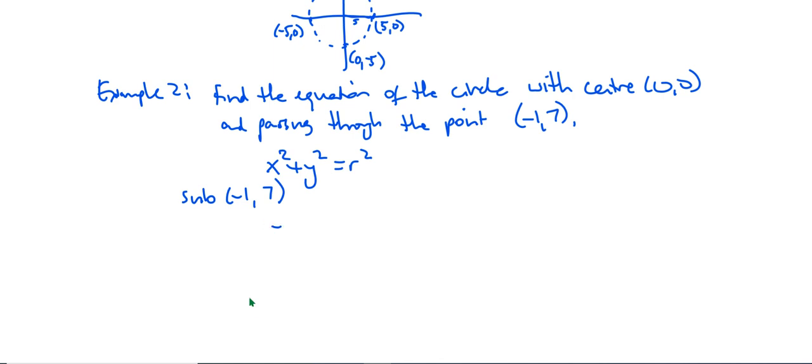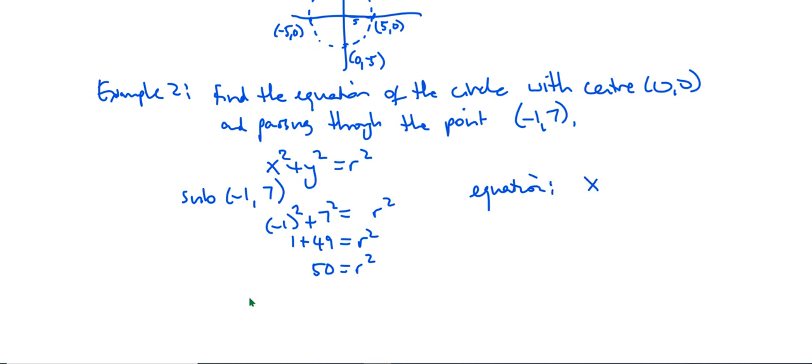So I get (-1) squared plus 7 squared equals r squared, so 1 plus 49 equals r squared. So 50 is r squared, and the equation is x squared plus y squared equals 50. If somebody asked us for the radius, that would be the square root of 50, whatever that happens to be.